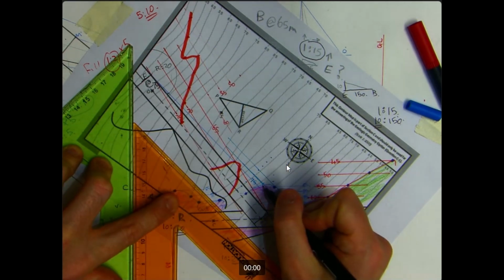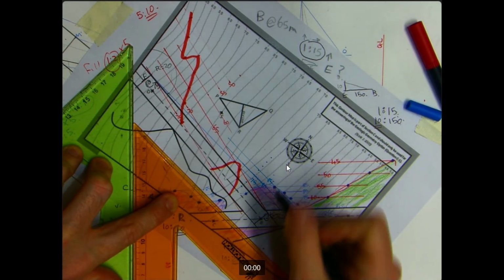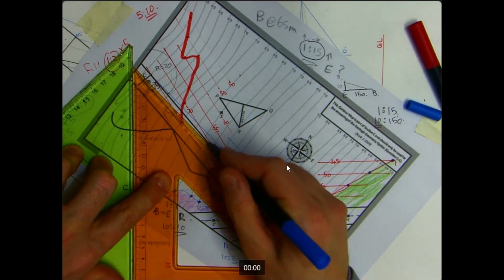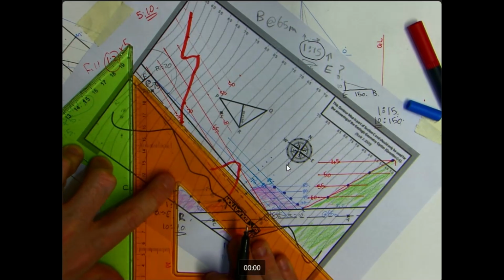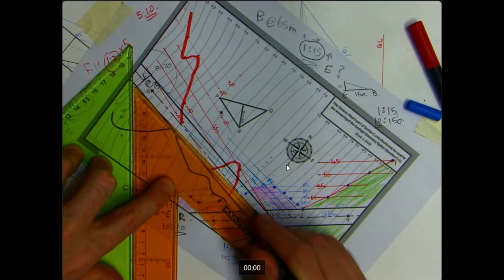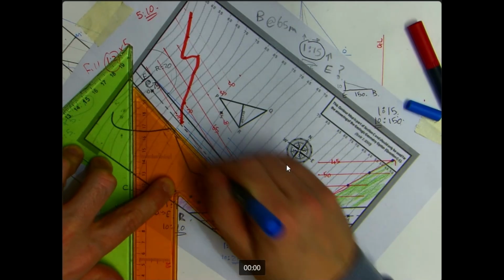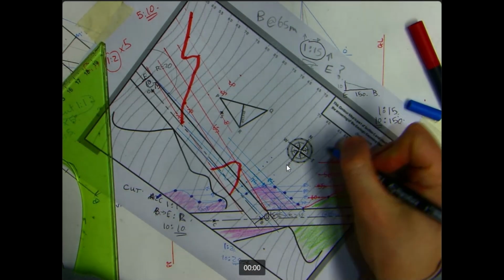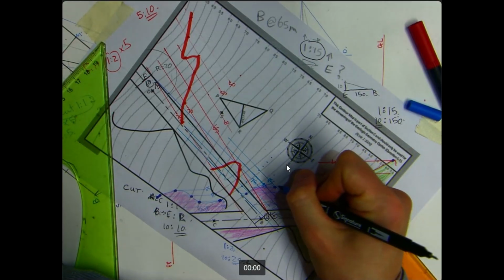So that's going to be 80, 85. The next one stepping in from that is going to be 70, 65, and 60.